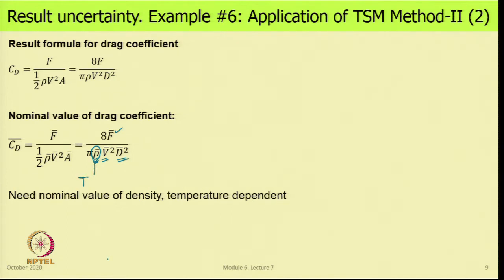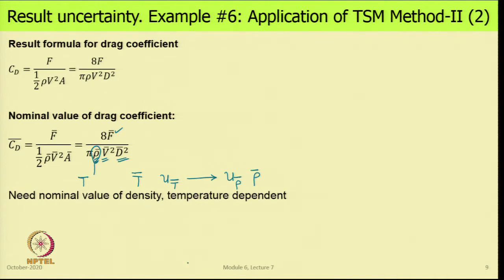So, we first need to do a small calculation to get the temperature, and then from there the density. So, temperature, we have the nominal value of temperature, we need to get the standard uncertainty in the temperature. Using that information, we will calculate standard uncertainty in the density and also the density itself.